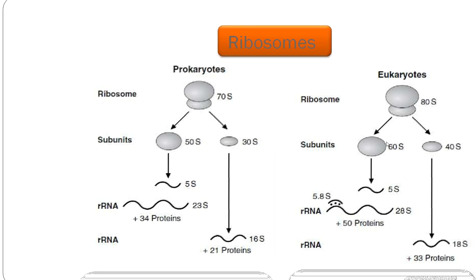The large subunit has separate sites for elongation factor and peptide bond formation, and the smaller subunit has the decoding site where the tRNA anticodon and mRNA codon interaction occurs. Ribosomes also have E site, P site and A site. E is the exit site, P is the peptidyl site and A is the aminoacyl site.